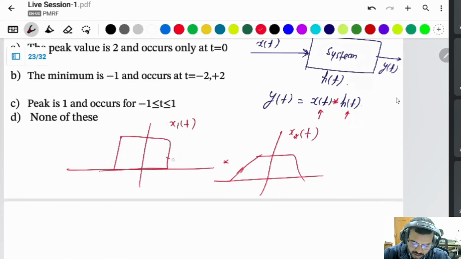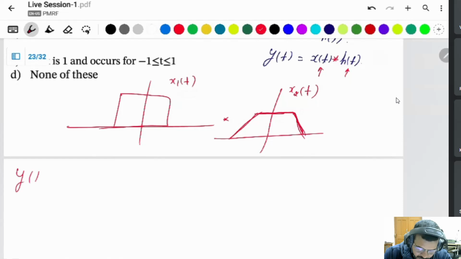Then how can you multiply? That's why there is a theorem known as the convolution theorem. By this we can multiply these two signals, and it can be applied mathematically only.